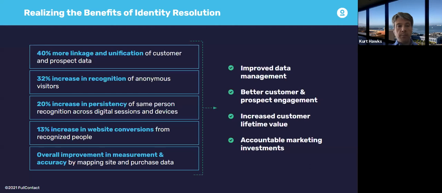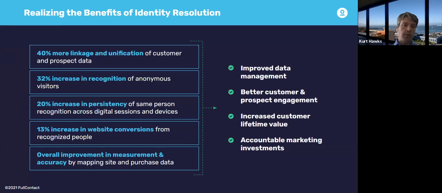So the ability to take all those different identifiers and link and unify those to customers, what we're seeing is about a 40% increase in linkage and unification. So instead of saying, I think I have 10 million customers or 10 million customer records, well, it's actually 6 million customers because these other emails or identifiers were hanging out, not linked to the right customers.